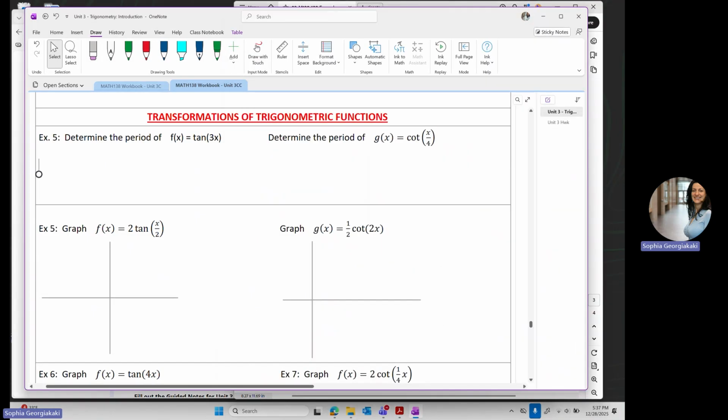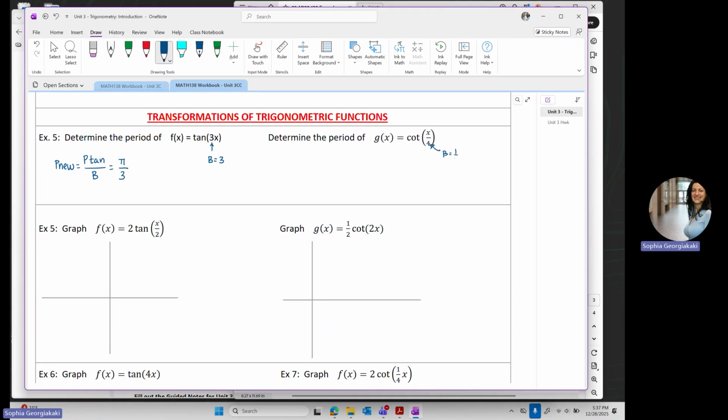Now, the tangent and the cotangent have a period of pi. If your b is equal to 3, then the new period will be the period of the tangent function divided by b. And the period of the tangent is just pi, and b is equal to 3. So for the cotangent, this b is equal to 1/4.